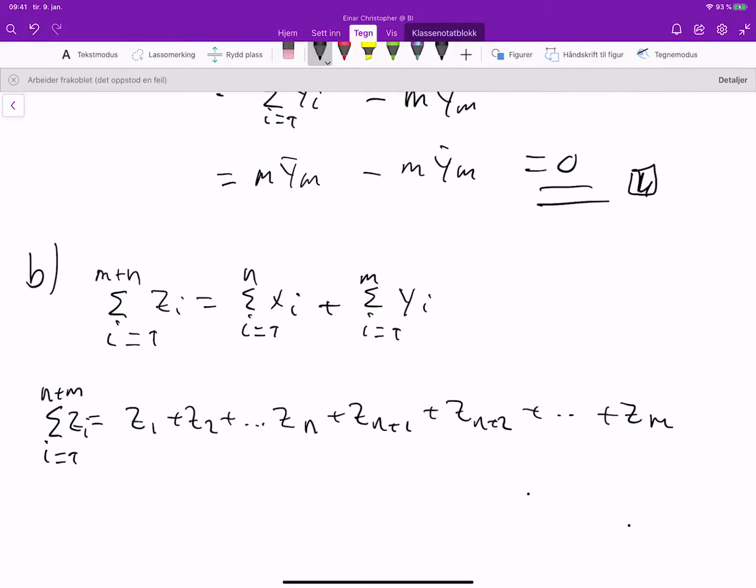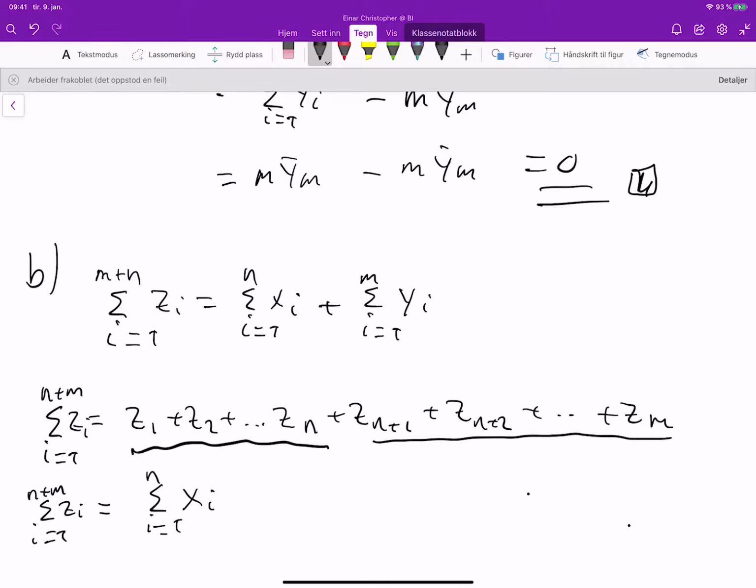And then we can see that this is actually the same as the sum over the xi's, i equal 1 to n, and this is the sum over the yi's from i equal 1 to m.